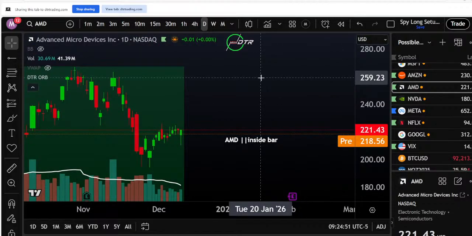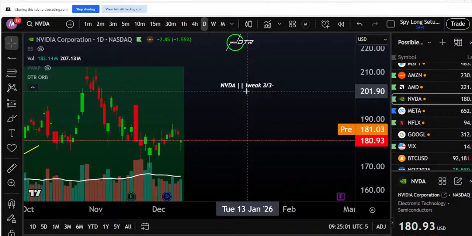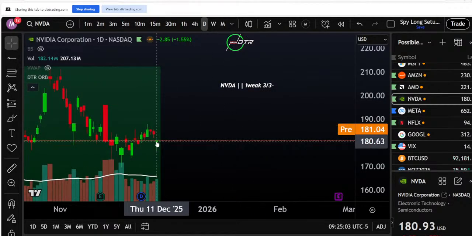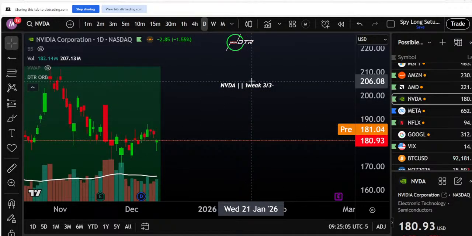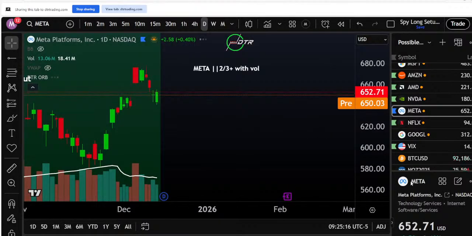Okay, AMD, green candle, increasing volume, gap down. So 2 out of 3 with volume. NVIDIA, green candle, increasing volume, technically a gap up, 7 cents, I week, so 3 for 3. Meta, 652.71.